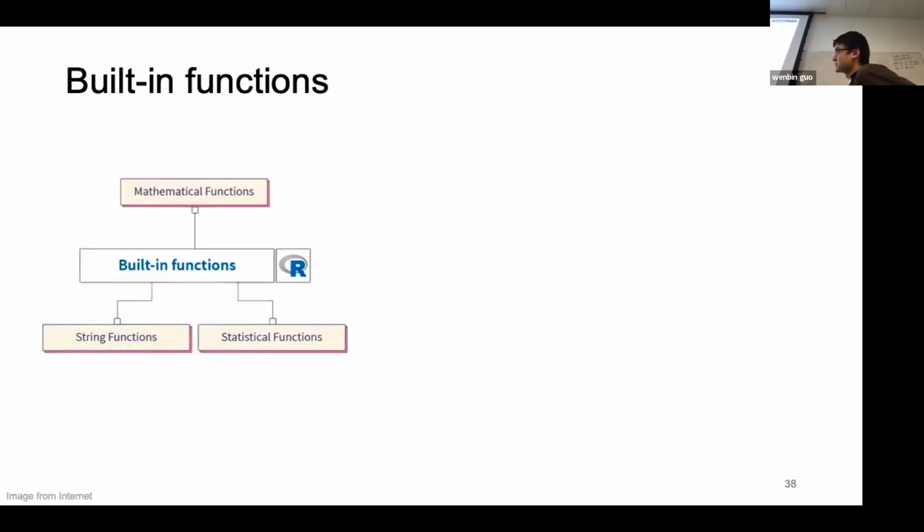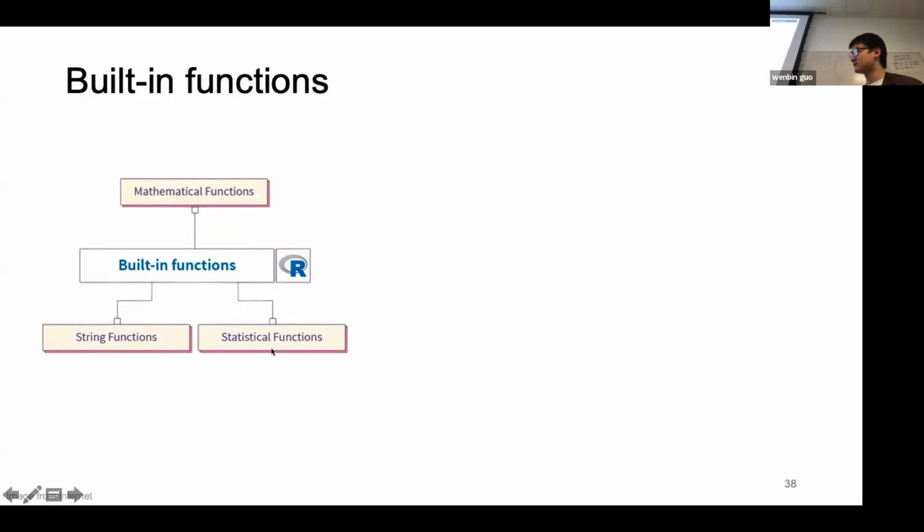There are some built-in functions we have seen before, and according to the variables we work with, we can separate them into string functions, which we have seen before, like the paste function. The mathematical functions, such as the square root transformation, all belong to mathematical functions.